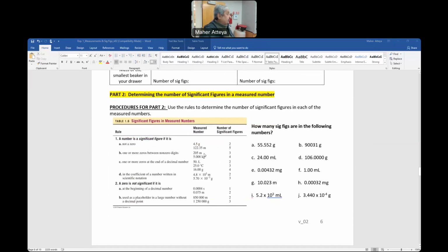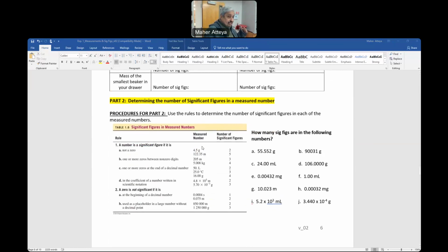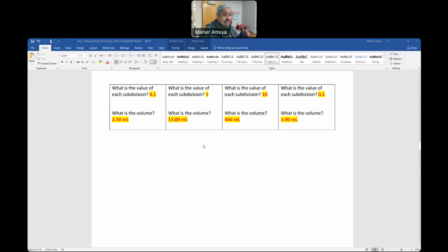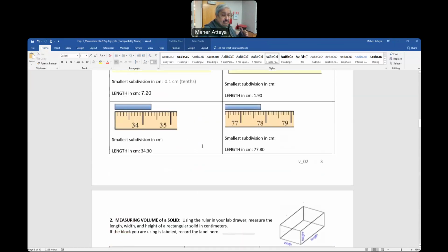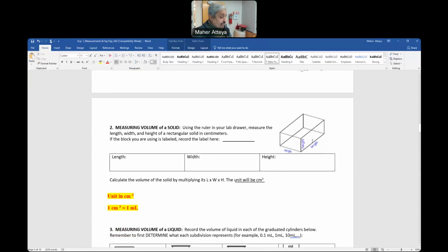Correct, guys? Any questions? So first we do the volume here, then we'll do our mass of the watch glass and beaker. And I forgot about this one here. Remember we talked about this? This is the theoretical value. This is the practical.